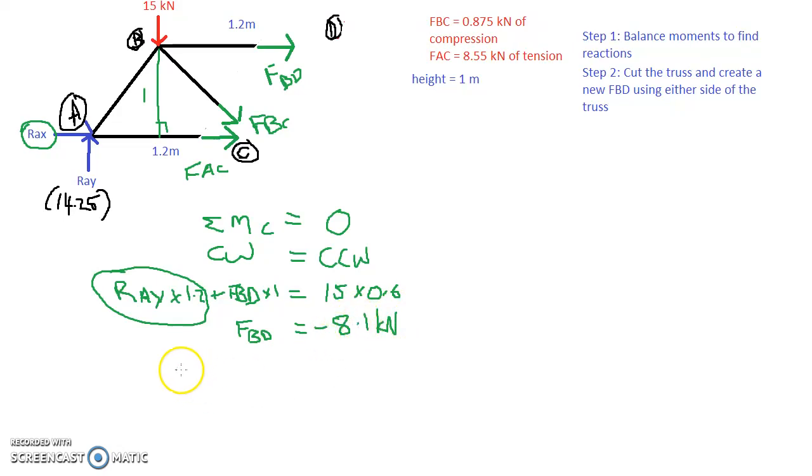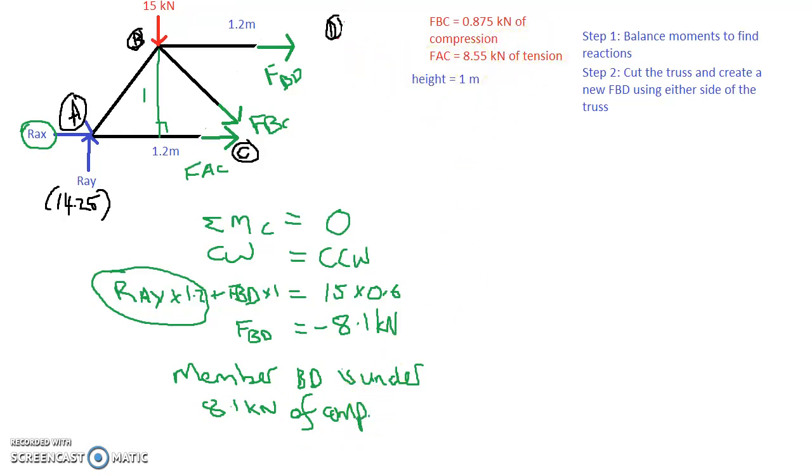All right, so FBD, actually a more correct way to put this might be member BD is under 8.1 kilonewtons of compression.